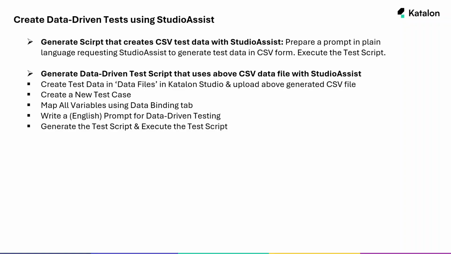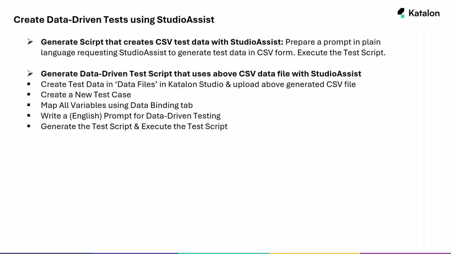First, we need to generate a script that creates CSV test data with StudioAssist, where you'll be prompting in plain language, requesting StudioAssist to generate test data in CSV form. Then we are going to execute the script generated by StudioAssist to create the CSV test data file. And then we need to generate a data-driven test script that uses the above CSV data file.